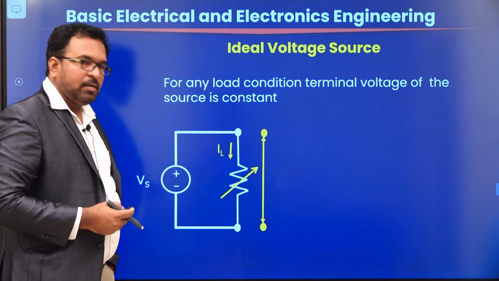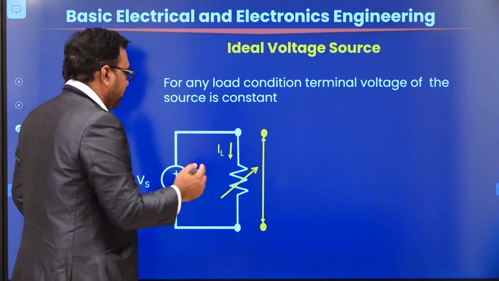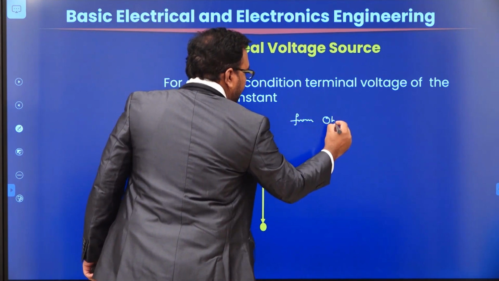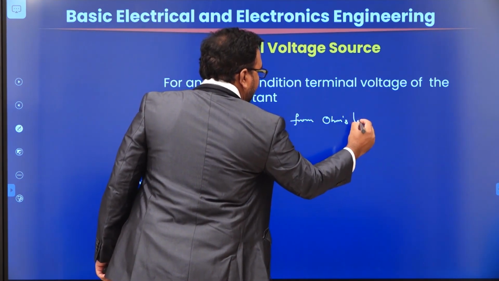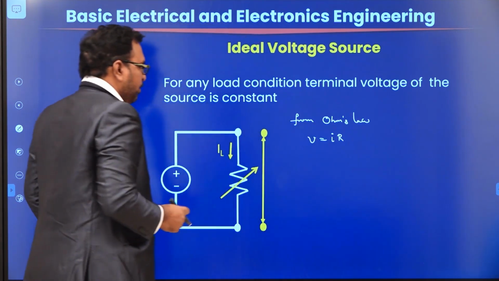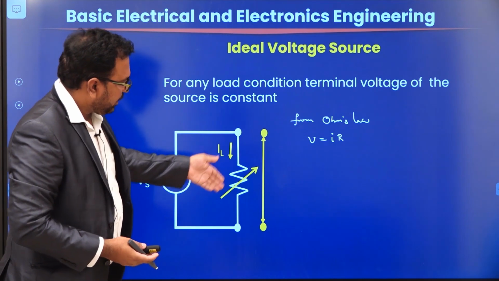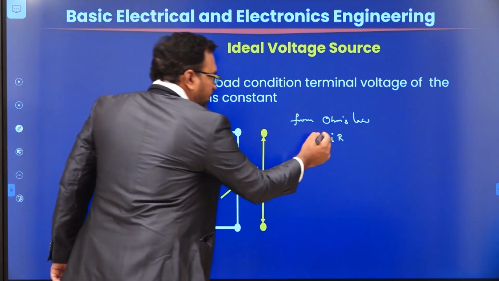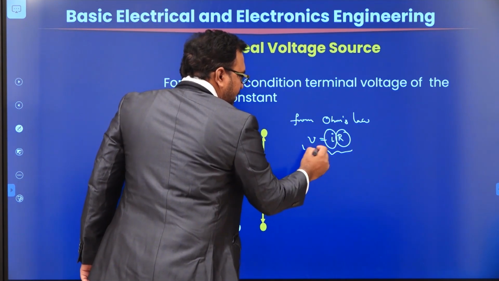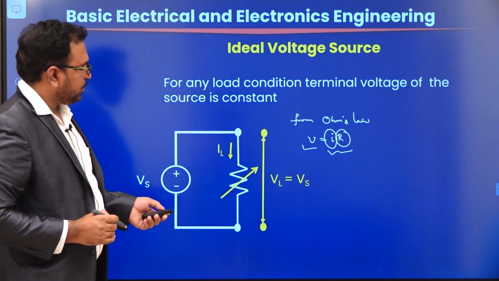According to Ohm's law, V is equal to I into R. So if the current and the resistance are both varying, they vary such that the voltage always remains constant.